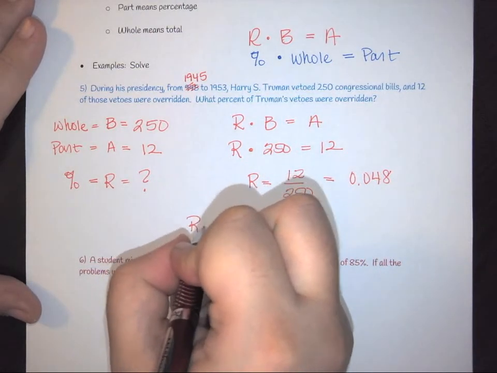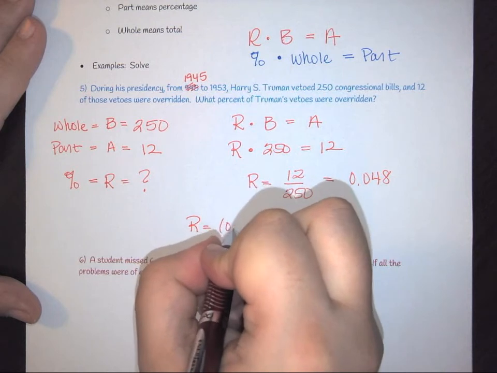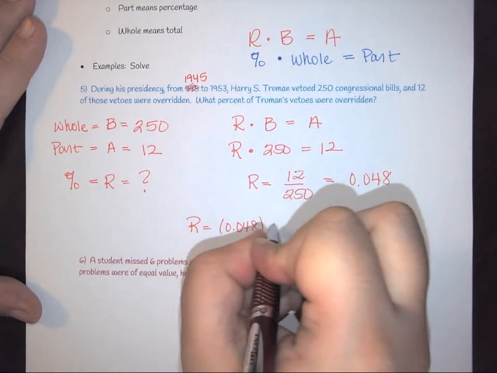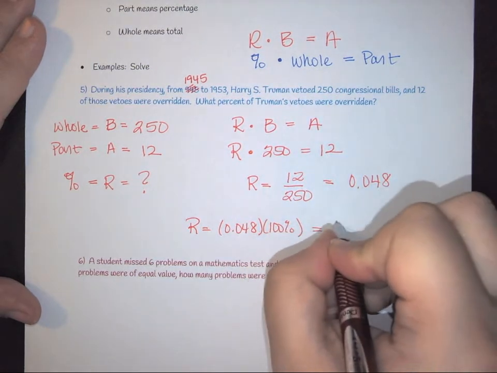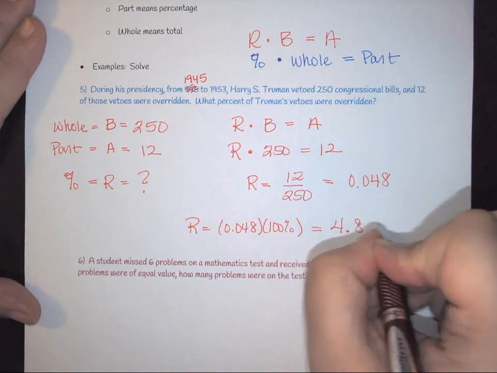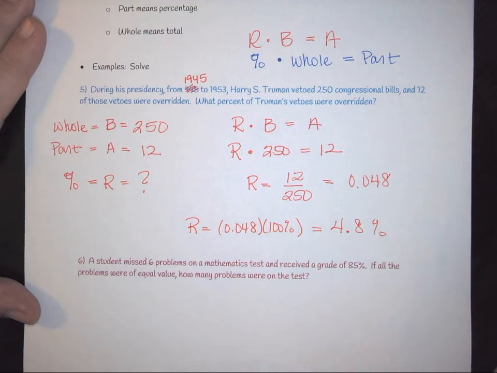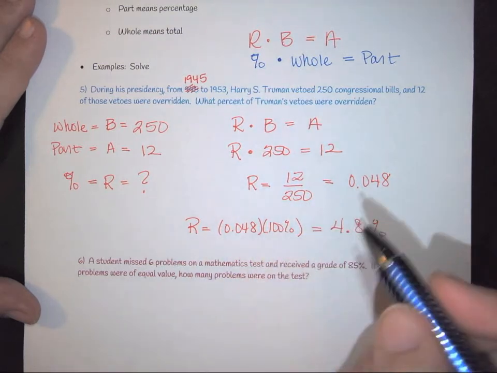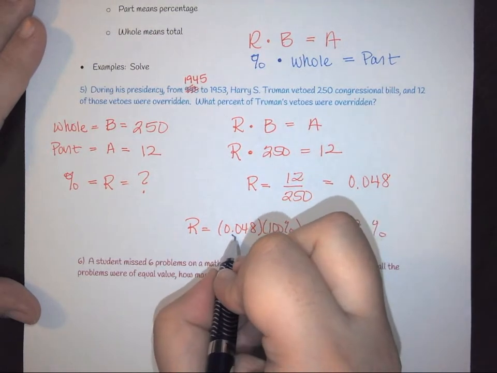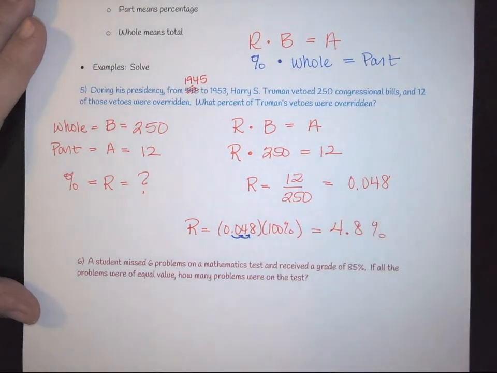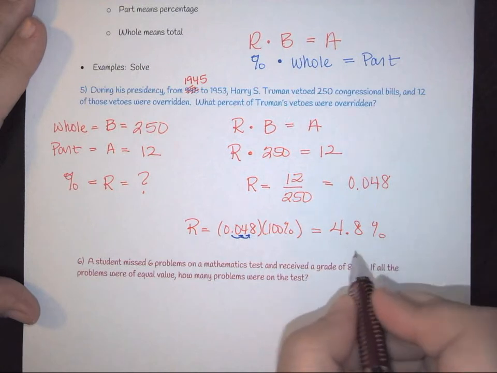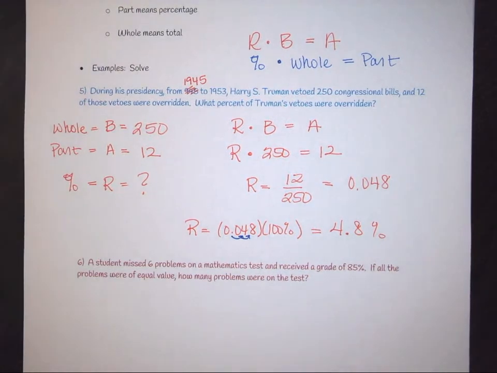So R is going to be 0.048 times 100%, which is going to give you 4.8%. Remember, when we multiply by 100%, that means we have to move our decimal 2 places to give us that percentage point. And so here we're looking at 4.8%.